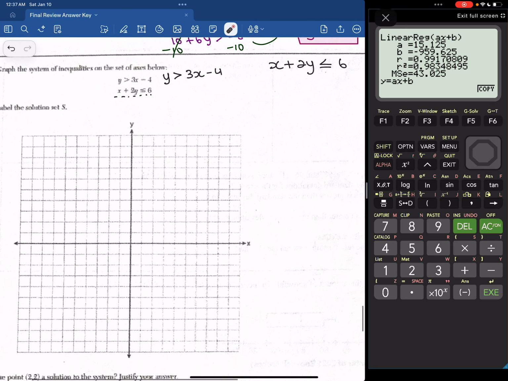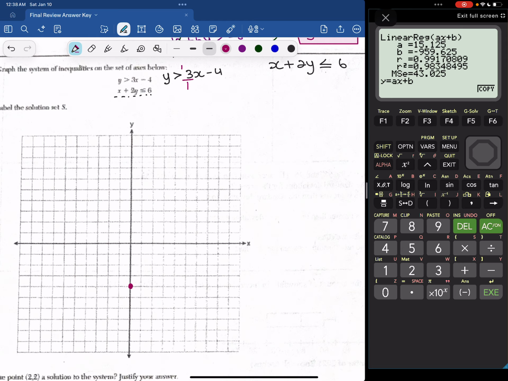So we know that we always start on the y-axis, and we always start at the number without the x, right, or y-intercept. So our first point is going to go on -4, and our slope is 3. So we know that we're going to go up 3, right 1. If we don't have a fraction, this is always over an invisible 1.